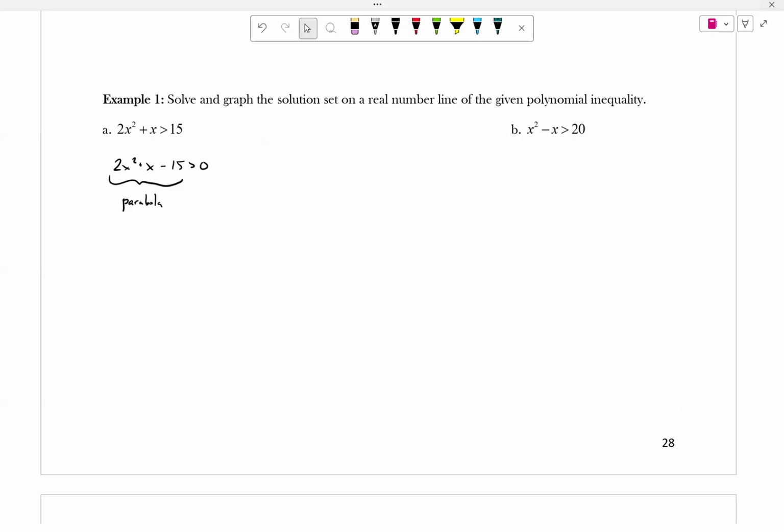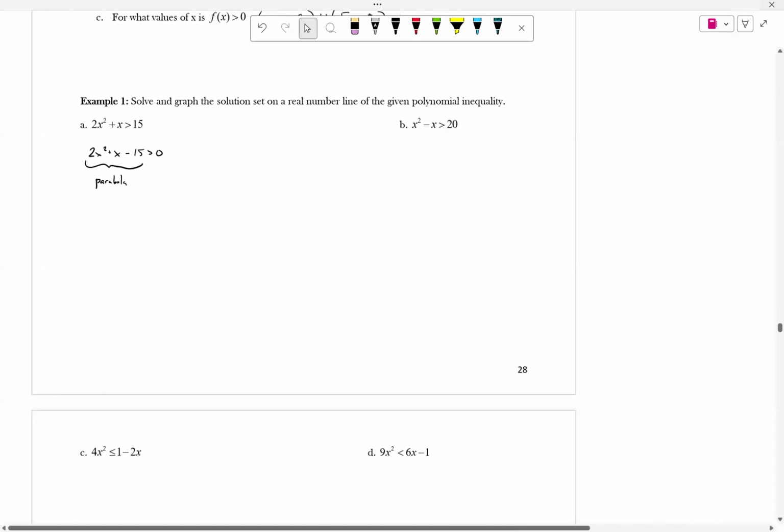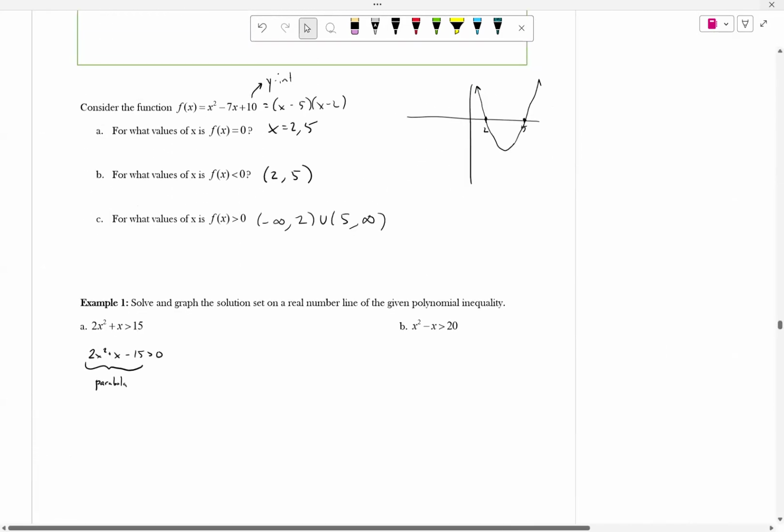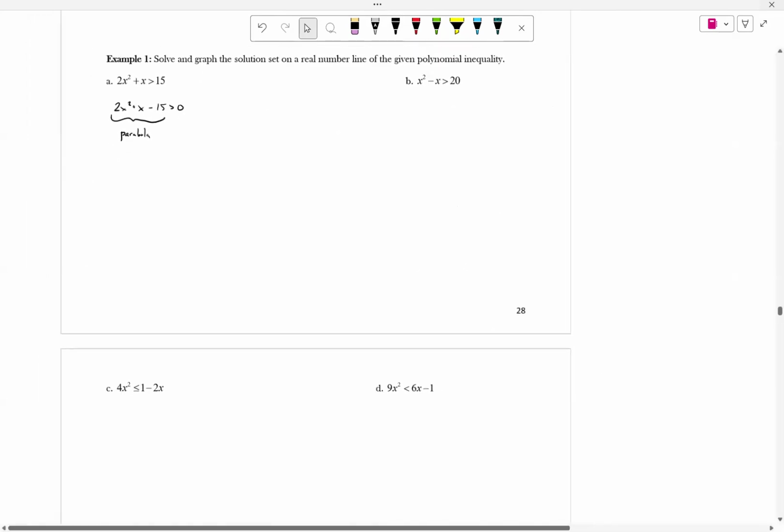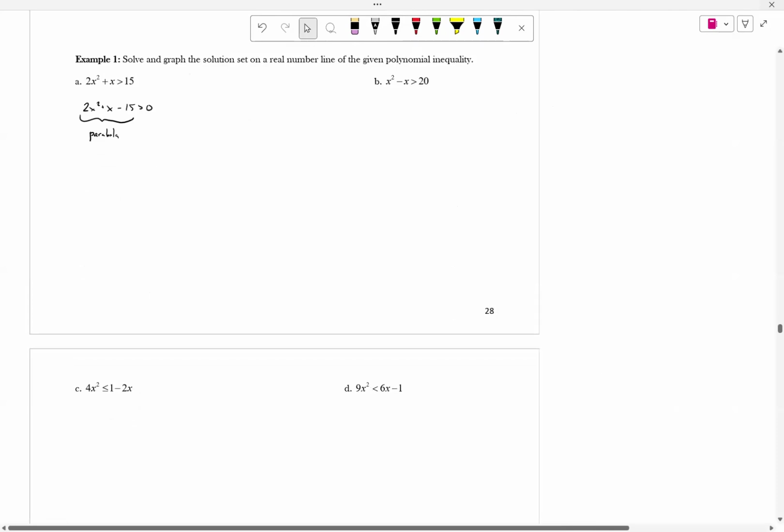I'll be calling a couple people to help me with these. Sorry, keeping the graph in mind.